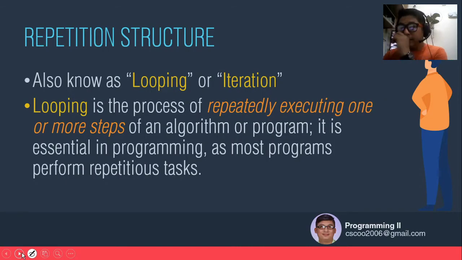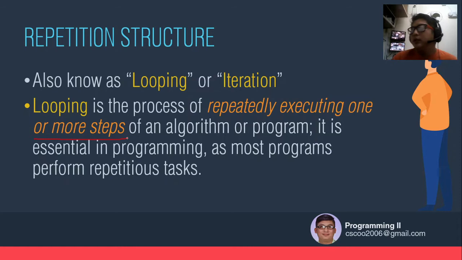Now, looping. So one of the structures of programming is repetition. It is also known as looping or iteration, which means looping is the process of repeatedly executing one or more statements. Why do we need this?